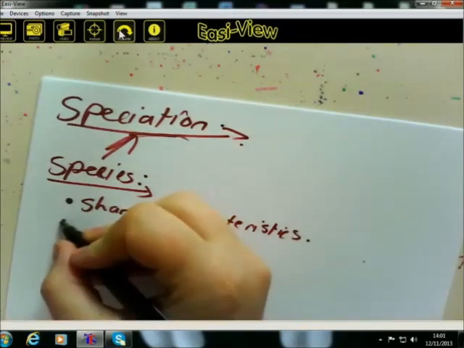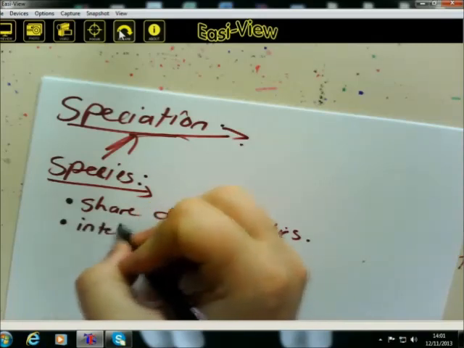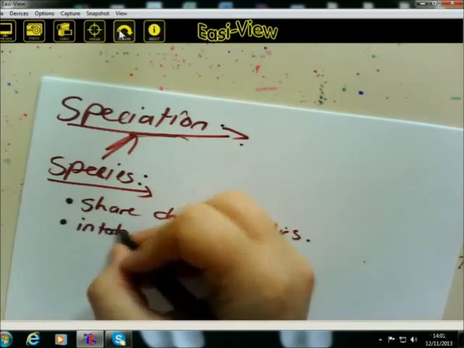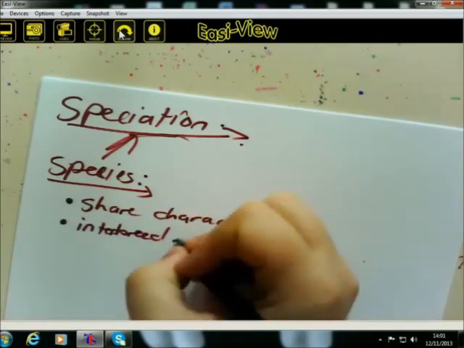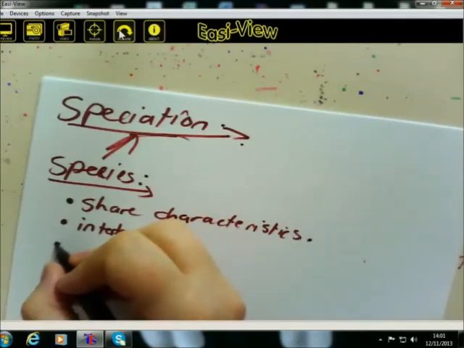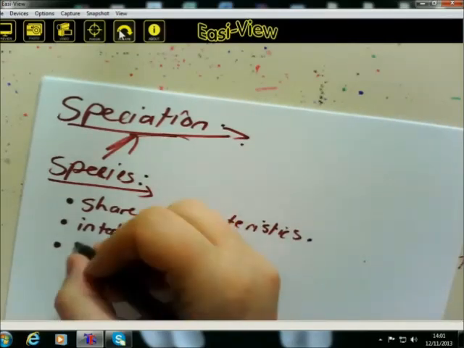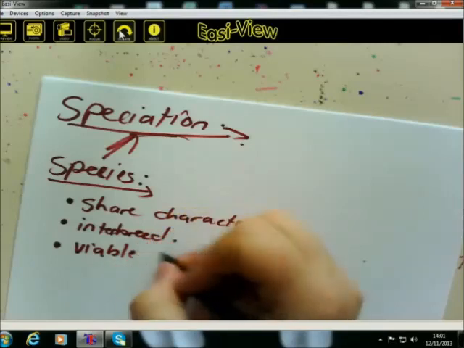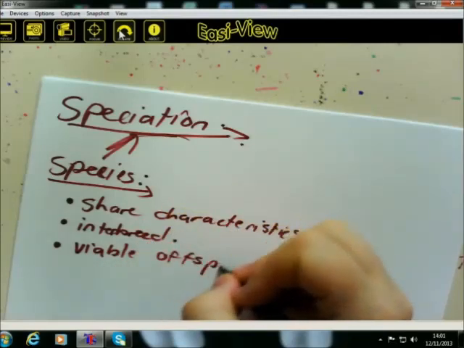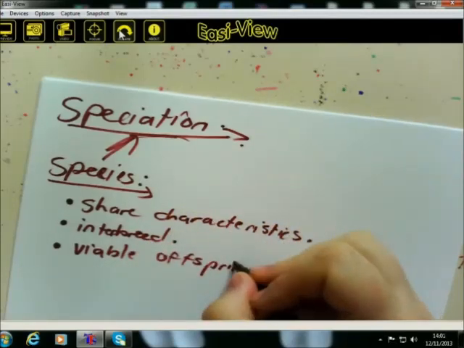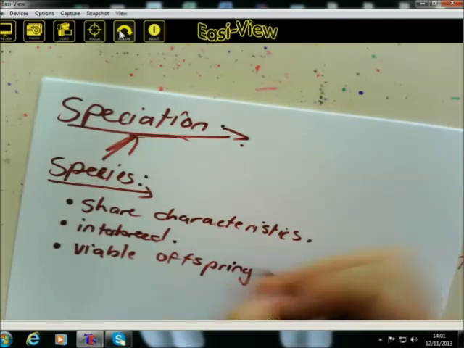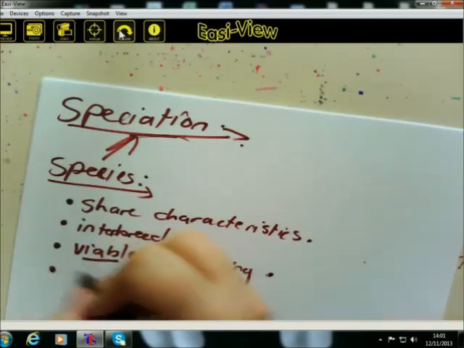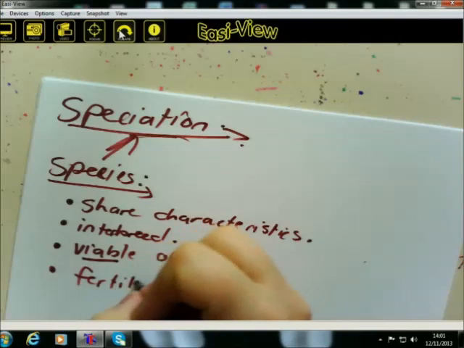They are able to interbreed with each other. They are able to produce viable offspring. And the viable offspring are fertile.